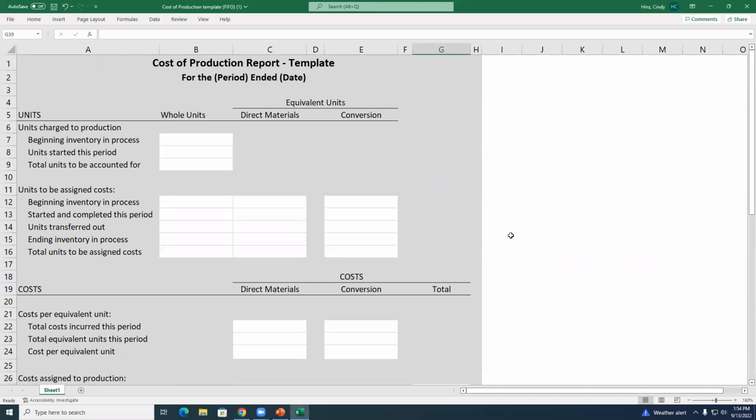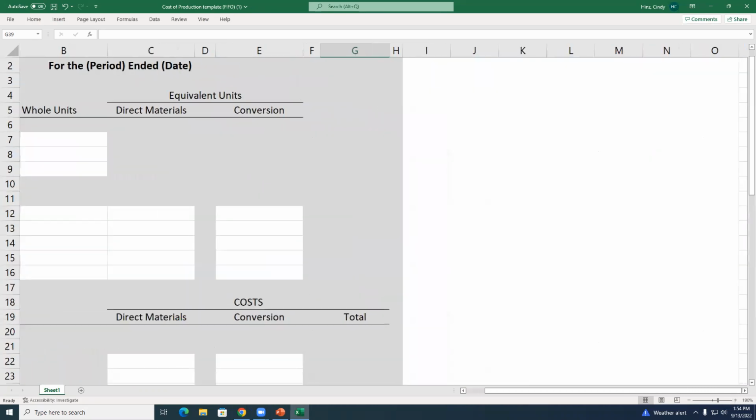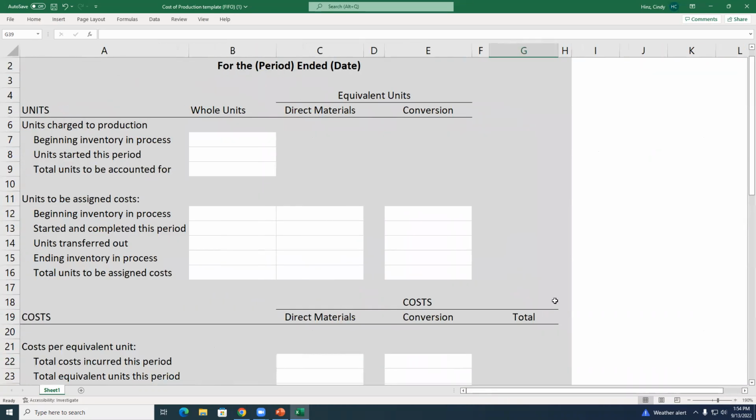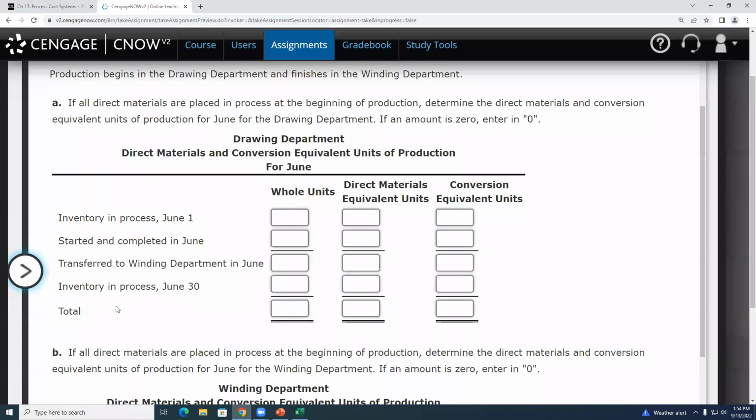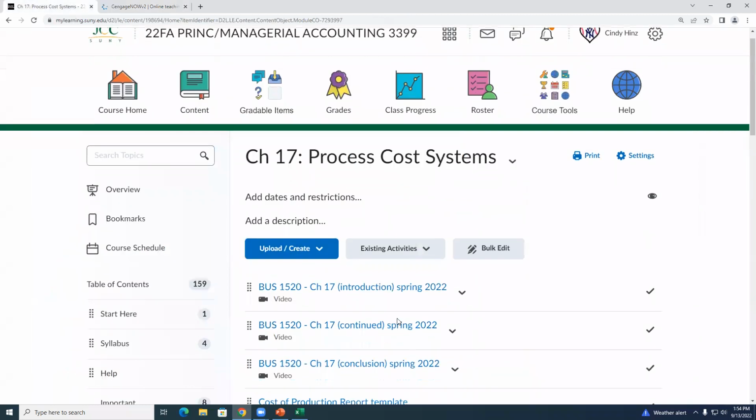What we're doing in this first exercise is the very top part of the cost of production template. So the headings that you see over here on the left-hand side correspond with the same headings that you see here. So we're doing the first part of the production template.